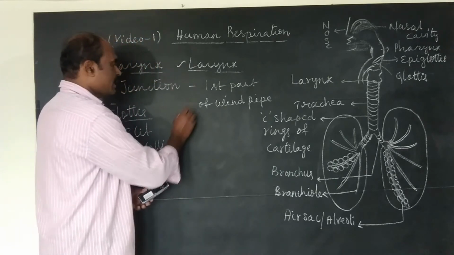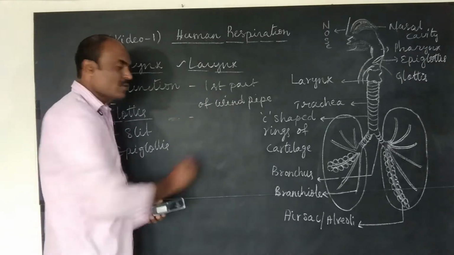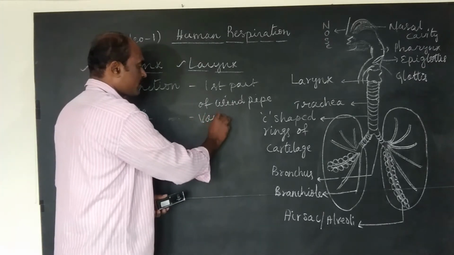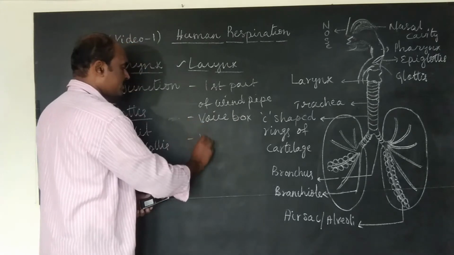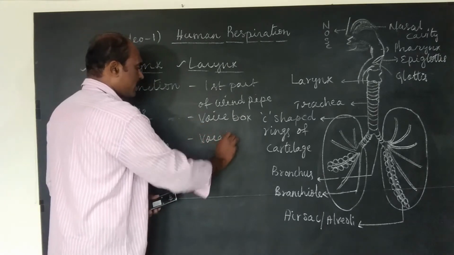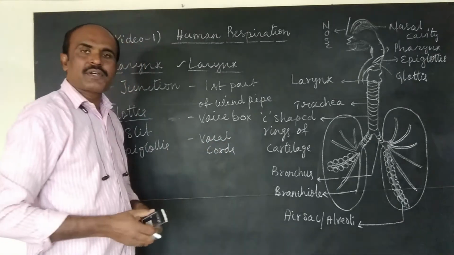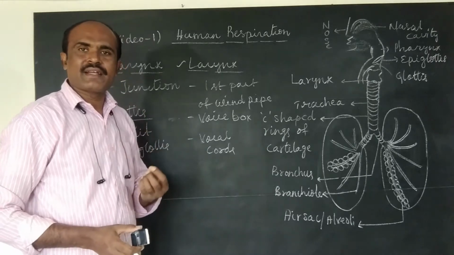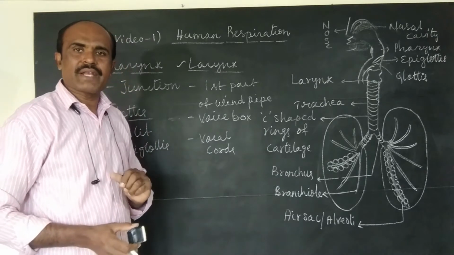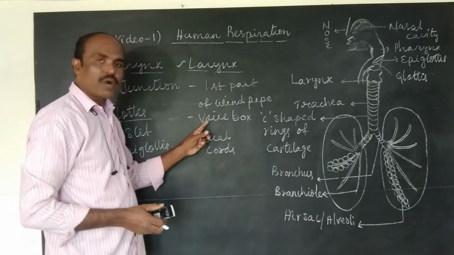This larynx is called the voice box. Why is it called the voice box? Because there are vocal cords. When we exhale air, the vocal cords vibrate and they produce sound. That is why it is called the voice box.